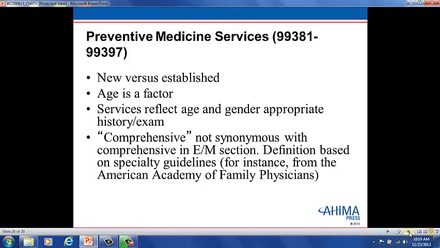And comprehensive is not synonymous with comprehensive in the E&M section. The definition is based on specialty guidelines from the American Academy of Family Physicians. So review your guidelines to find out whether a comprehensive service was given.